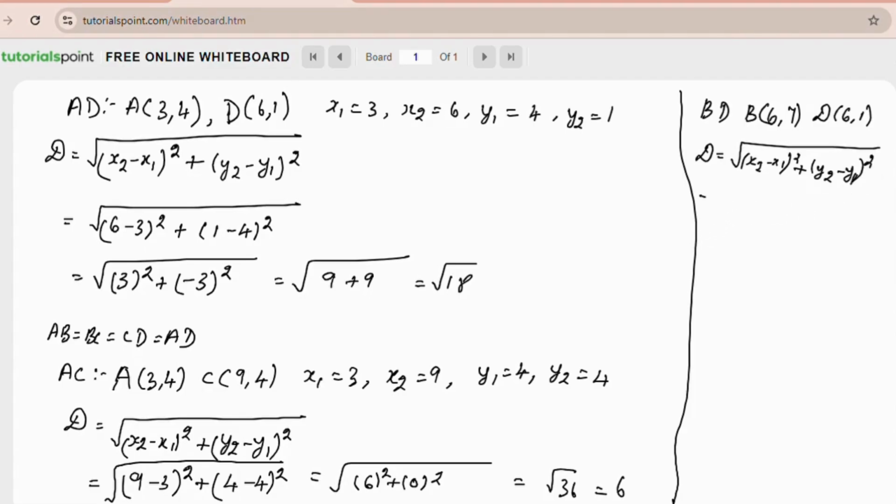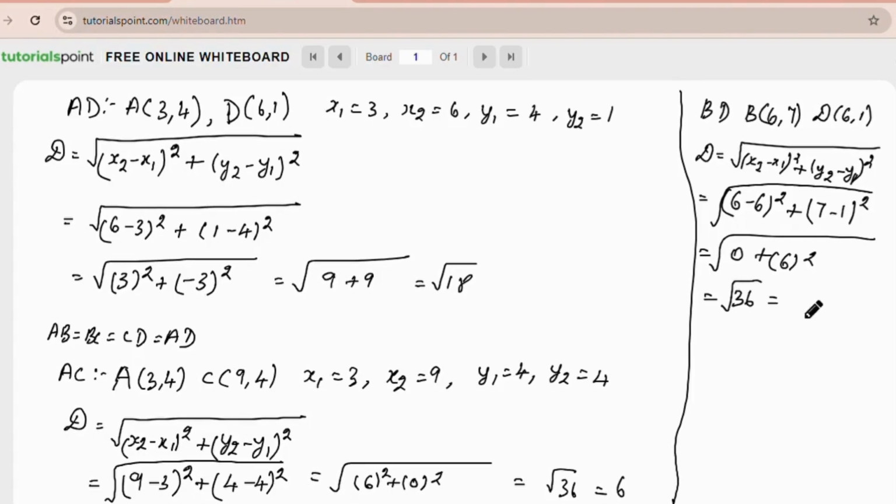So it will be root of 6 minus 6 whole square plus 7 minus 1 whole square, which is root of 0 plus 6 square, which is root of 36, which is equal to 6. So that's it, BD equals 6.